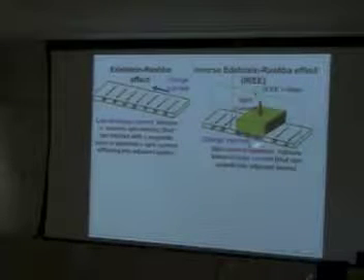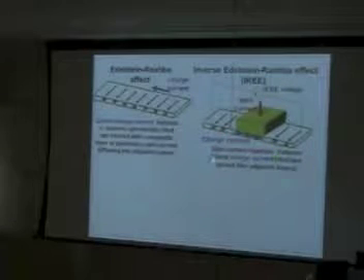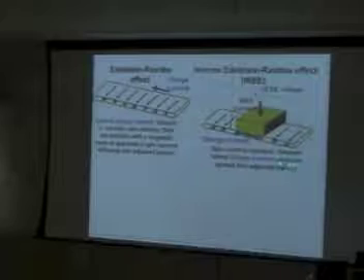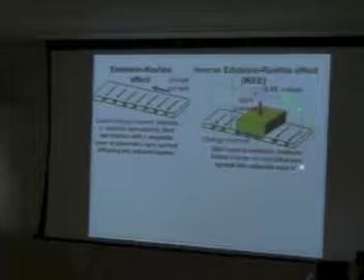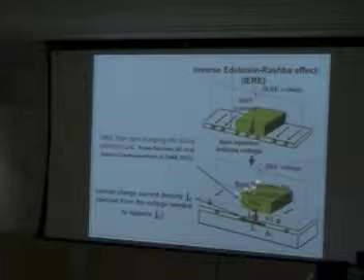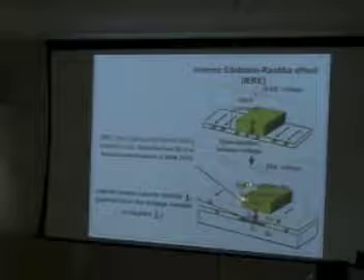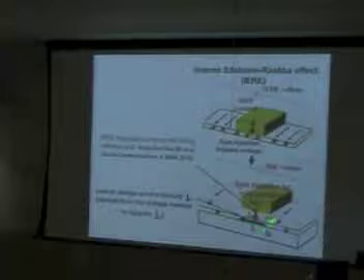And on the other side, the inverse effect: spin current injection induces a lateral charge current that can spread into an adjacent layer. I'll show you a relatively simple and clear example of the inverse Edelstein effect that we have obtained by injecting, by spin pumping, a spin current at the interface between bismuth and silver.